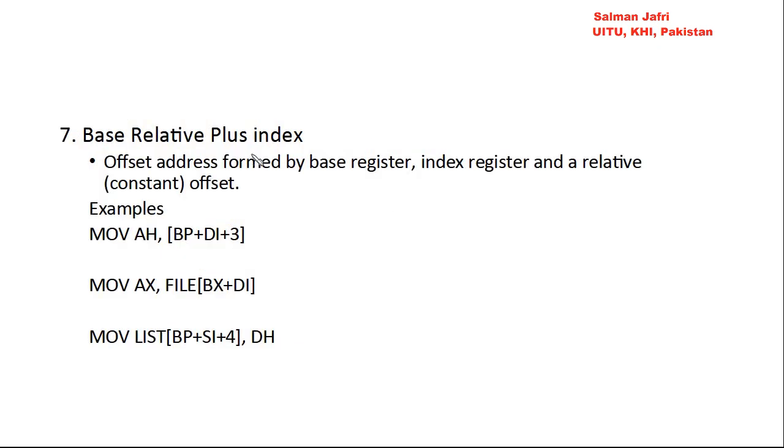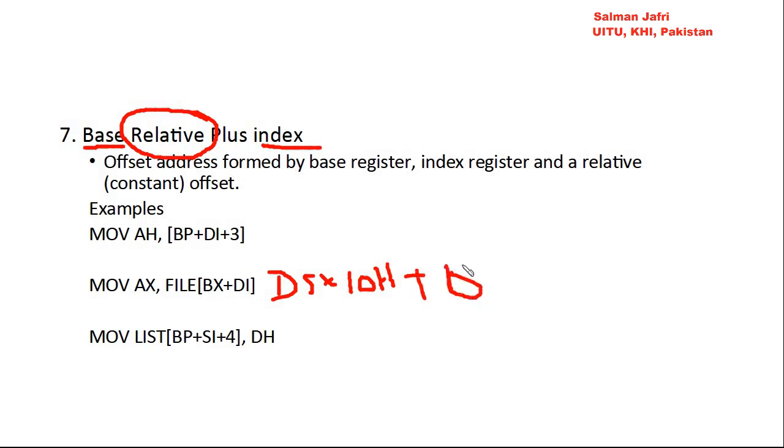Now base relative plus index. As we know, we'll have a base register, an index register in the brackets, and a constant relative value in the brackets. So the examples are straightforward: move AH, [BP plus DI plus 3], which is base plus index plus relative, and move AX, [BX plus DI plus something]. Since BX is used, the segment register in this example would be DS times 10H plus BX plus DI.